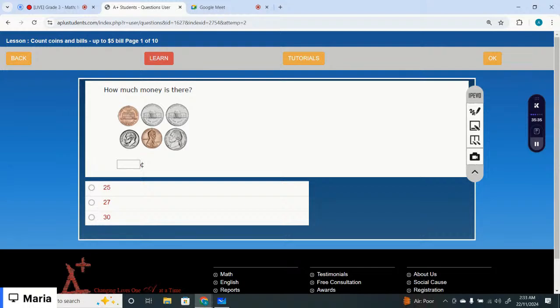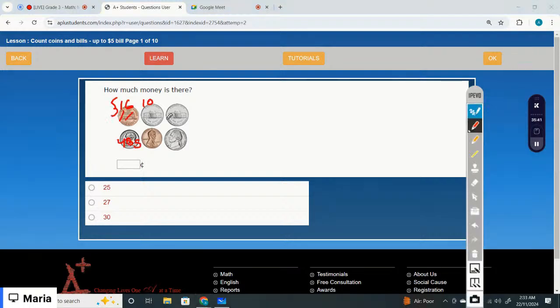So you have these coins, the 1 cent coins. This one and this one, they are the 1 cents, right? This is 1 cent, this is 1 cent.